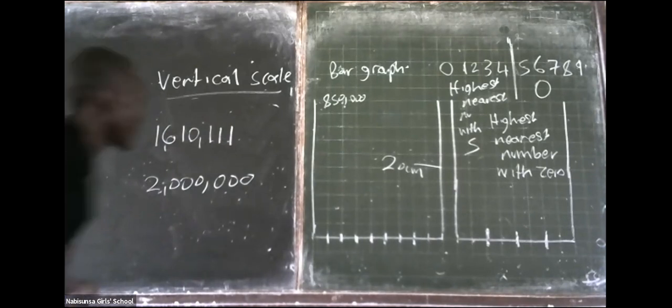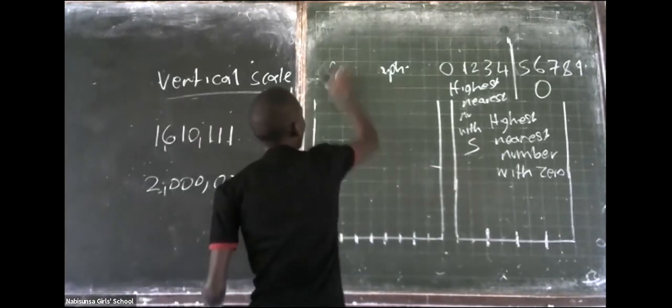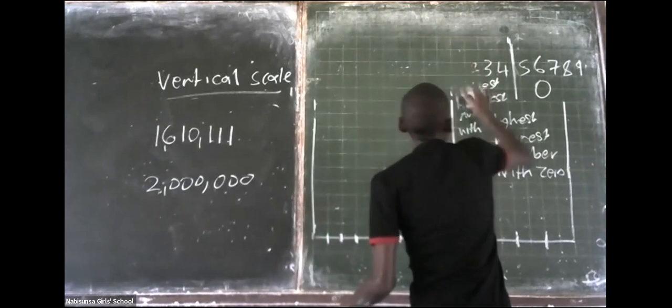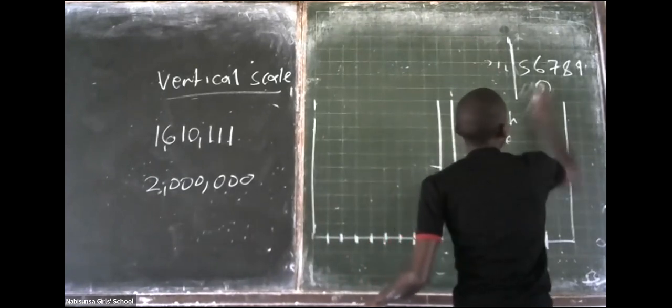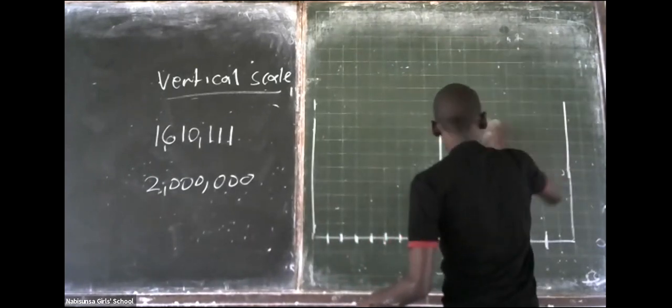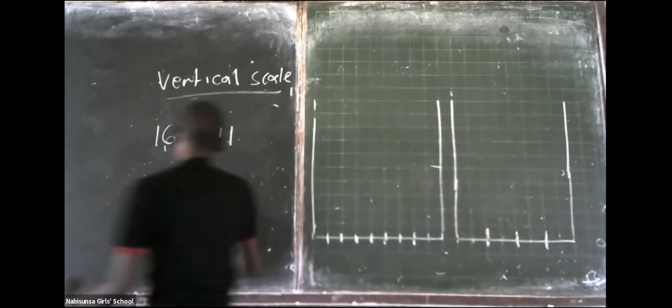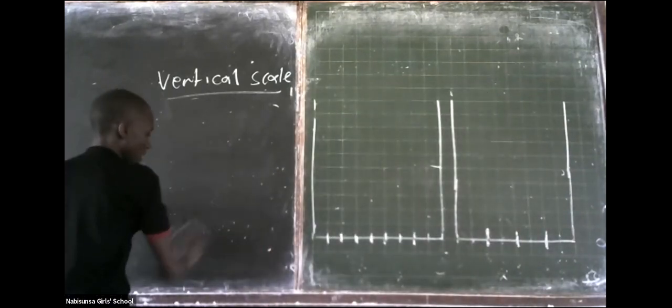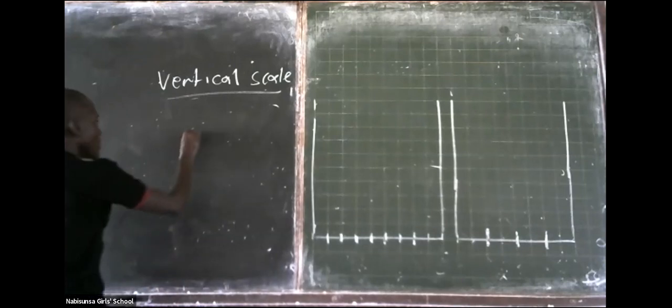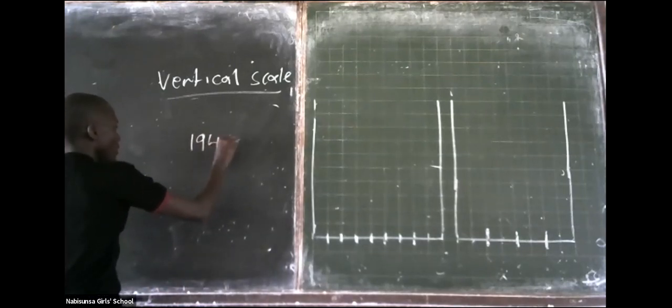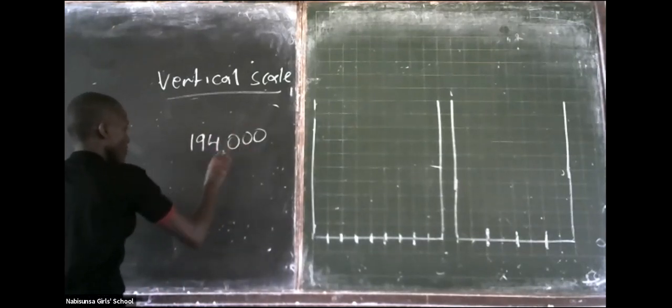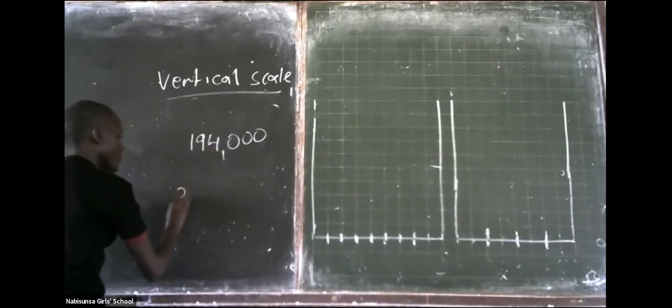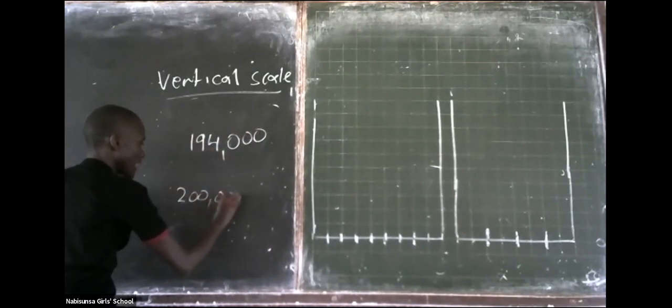Yes, teacher. But now let us go here. Remember our graph is already divided into 10 equal parts, and our highest amount was 194,000. So we took this one, so we are using 2, 2, 2 as our highest.